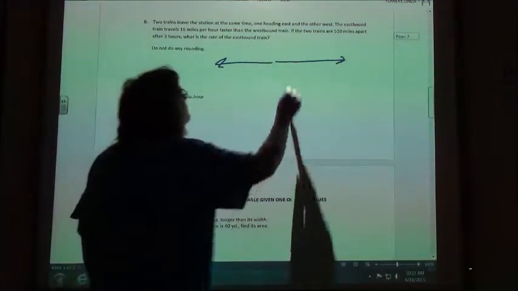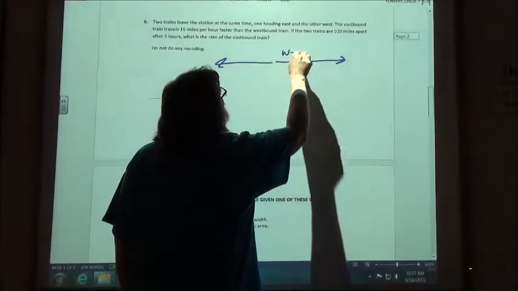So, the eastbound train travels 16 miles an hour faster than the westbound train. What should I write for the rate of my eastbound train? I'll write it W plus 16.